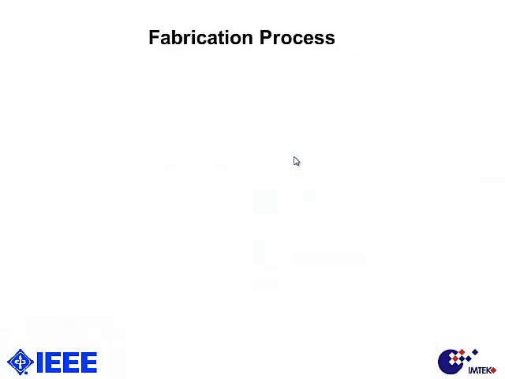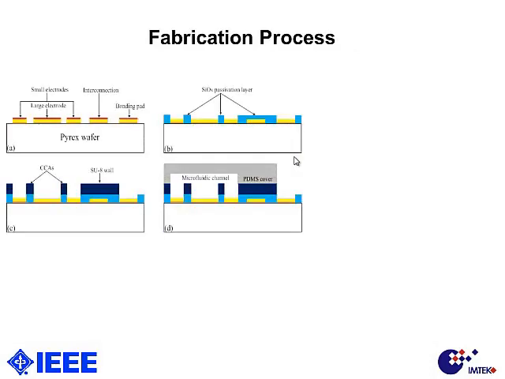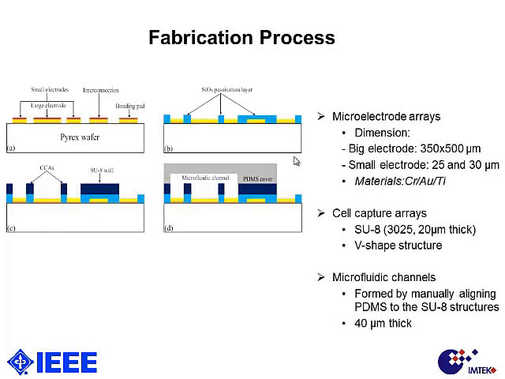Our fabrication process consists of 4 main parts. First, the electrode structure is defined on the Pyrex wafer by the lift-off method, and after that we use passivation to cover the tracks. Next, we produce the adhesive structure to produce the cell capture structure on the microelectrodes.